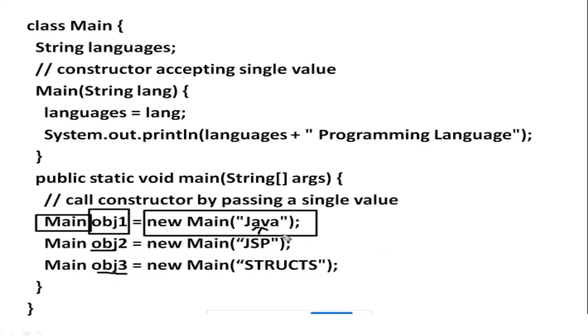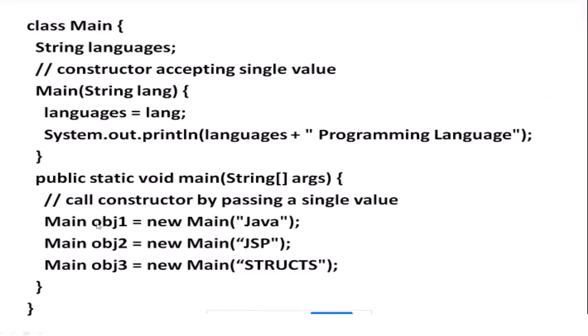Here it is going to print Java, JSP and Struts. The 3 things will be printed. Now if you see the output, by using this we are going to pass this particular object to the Main constructor. Here we have a constructor as the main method.